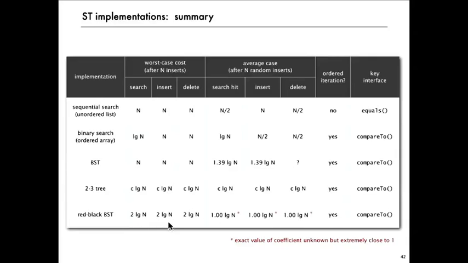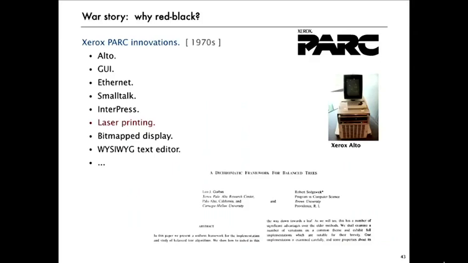Not just for search, insert, and delete. Well, delete code is a bit more complicated, but it's on the book site and in the book. But also, since it's the Comparable interface, and since it's a binary tree representation, all the other extended operations for ordered symbol tables are going to be implemented and take time proportional to log n.